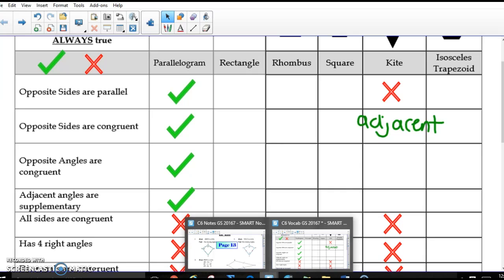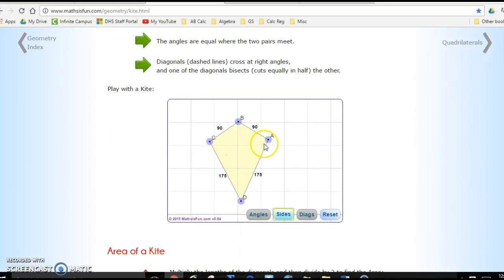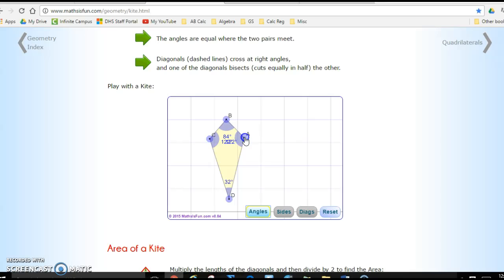Opposite angles are congruent. If I'm looking at this picture, angles B and D, angles A and C are what we're talking about. Let me change this a little bit, see if you can make some guesses about the angles. I'll actually show you the degrees now. Opposite angles are congruent. Well, it looks like that's happening for these two, but not for these two.